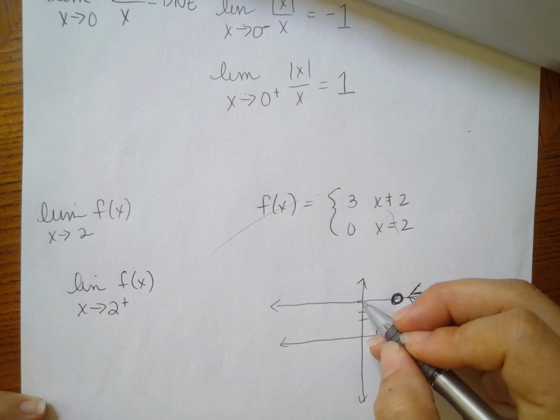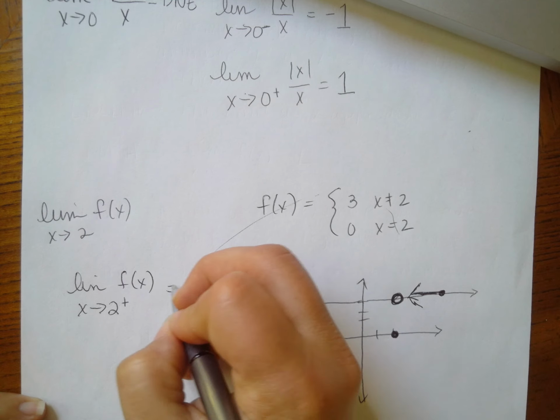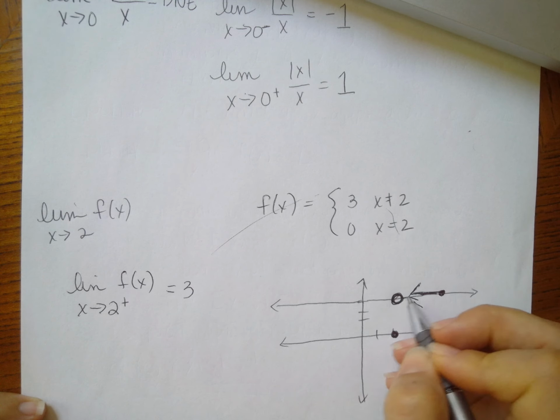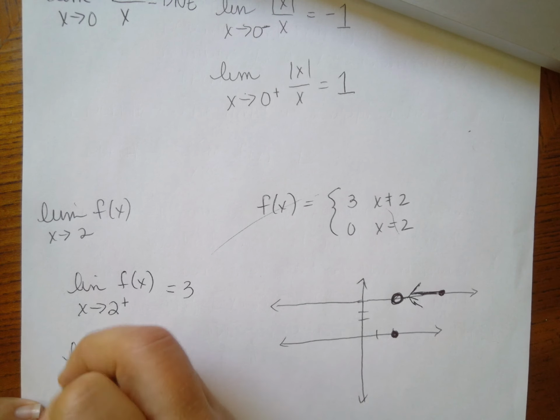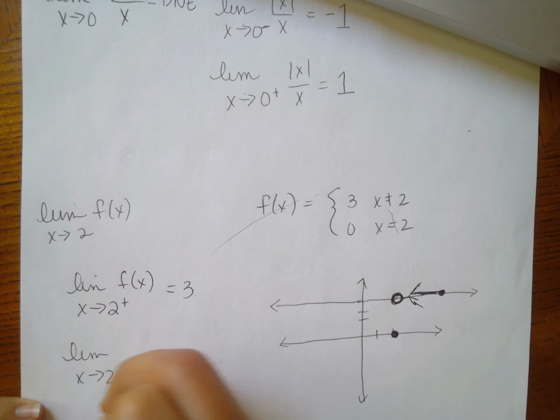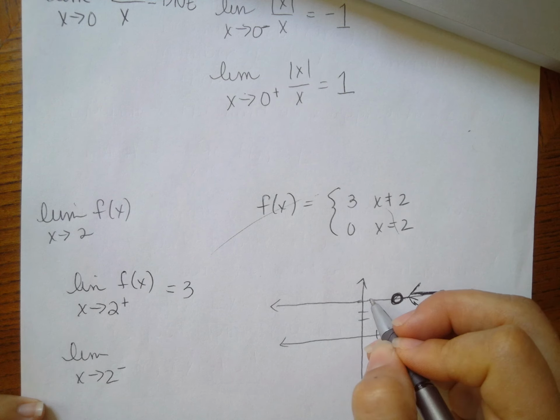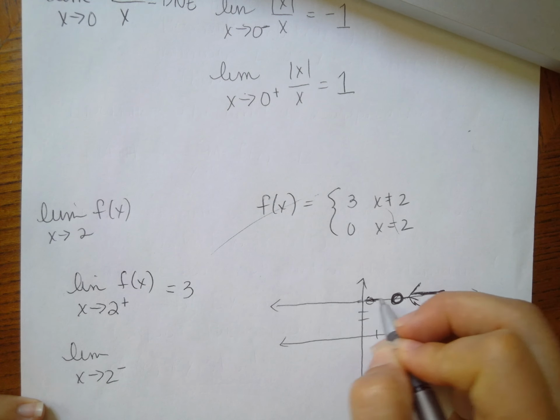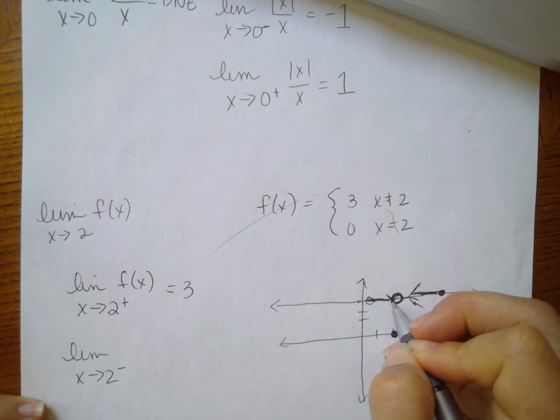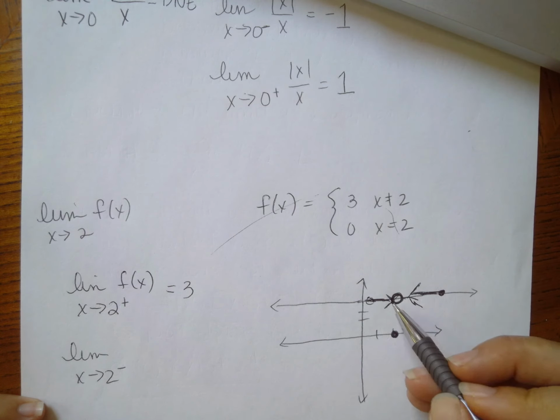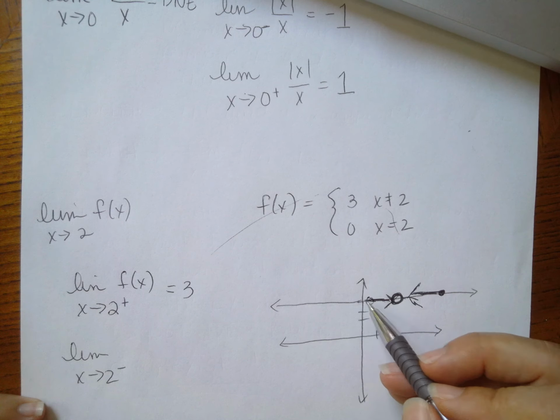It looks like it's approaching the y value of 3, right? Then I look at coming from the opposite direction, 2 from the left. I choose a spot over here and approach, and as I get really close, I'm also approaching this y value, which is 3.